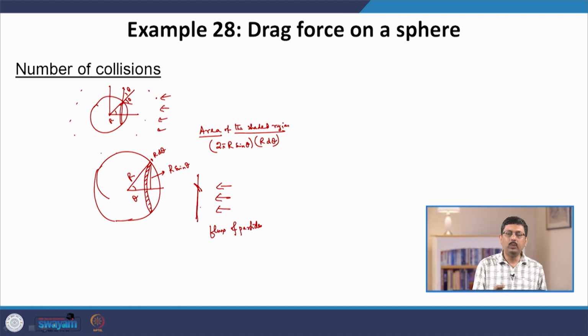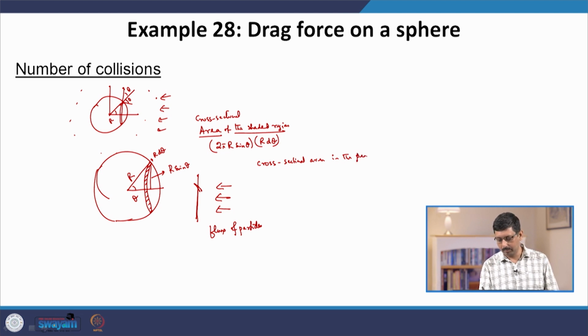How much it will hit the sphere is determined by the cross sectional area in the perpendicular direction to the v direction.